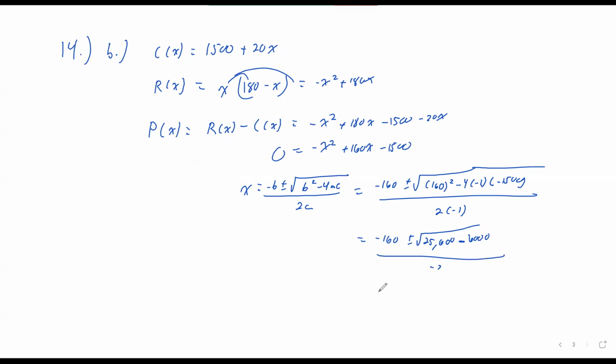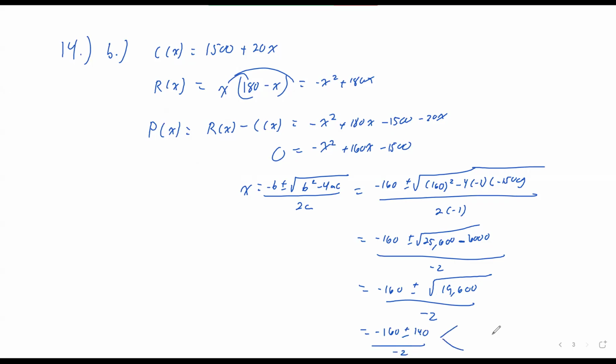Over negative 2. So I get negative 160 plus or minus the square root of 25,600 minus 6,000, so that's 19,600, divided by negative 2. And curious, does that give me a perfect square? It does. So that's negative 160 plus or minus 140 over negative 2.